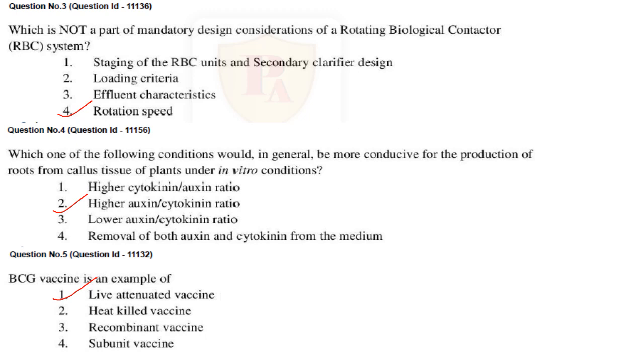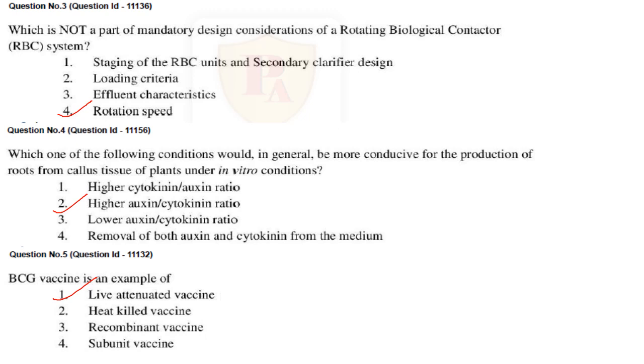Then next one, which of the following conditions would in general be more conducive for the production of roots from callus tissues of plants under in vitro conditions? So you need higher auxin ratio, because auxin is needed for root initiation in tissue culture plants. So higher auxin ratio and lesser cytokinin ratio will be required.